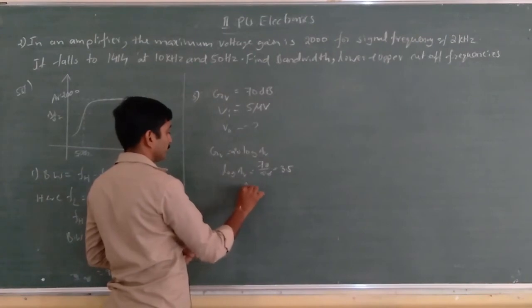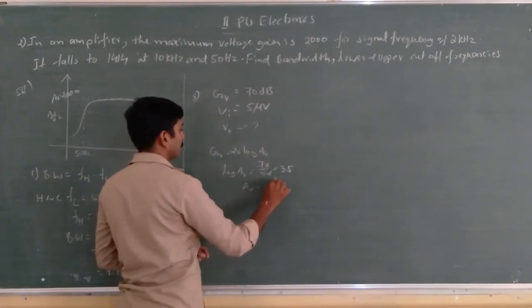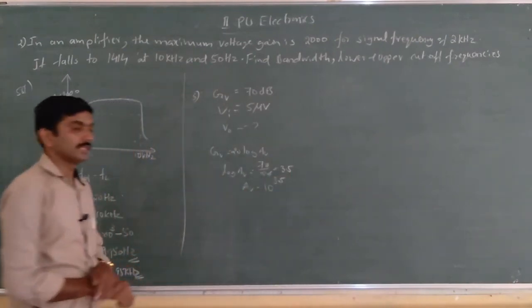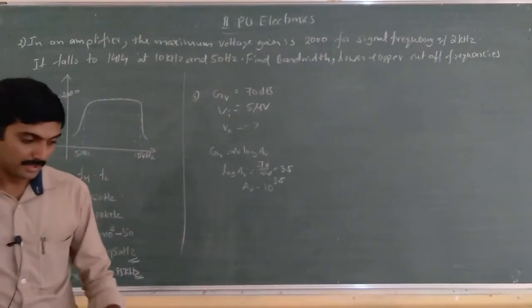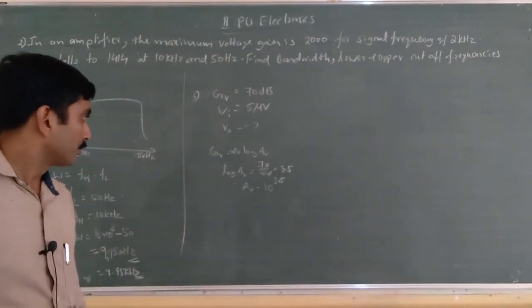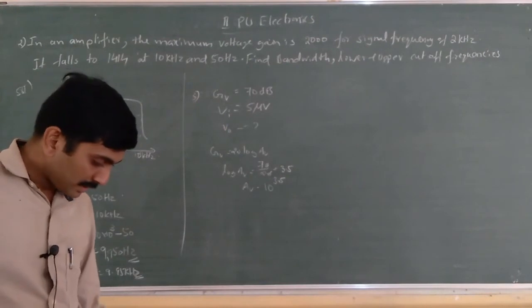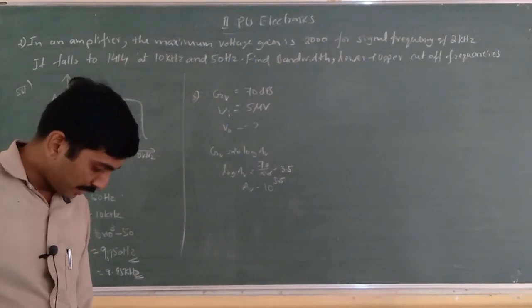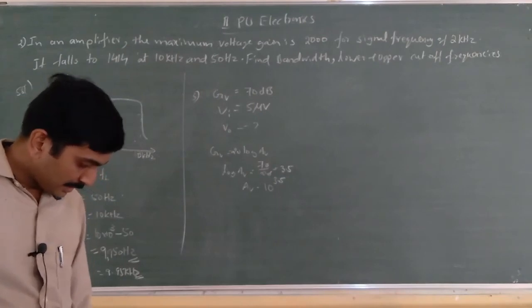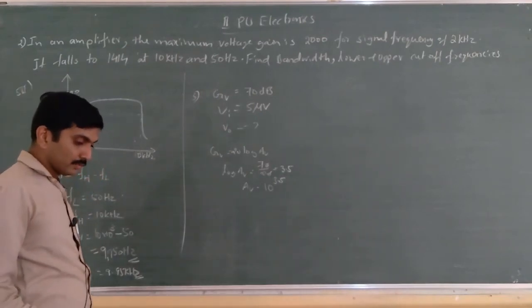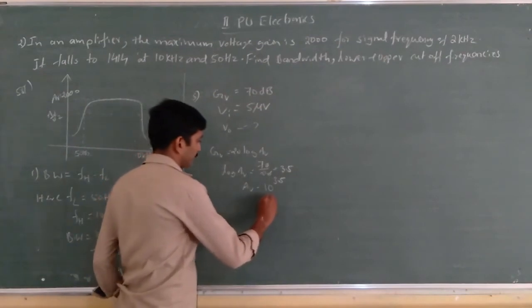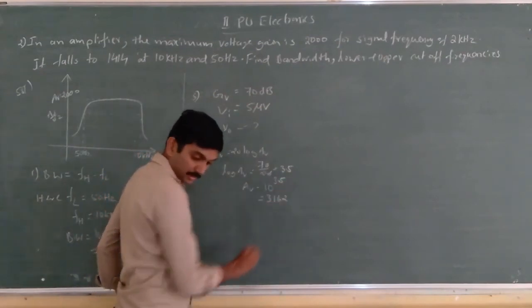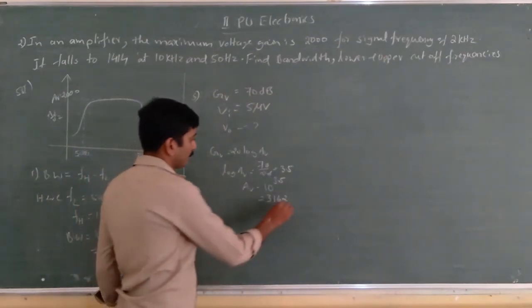AV equals 10 to the power 3.5, or you have to take the anti-log of 3.5, which equals 3162.28.